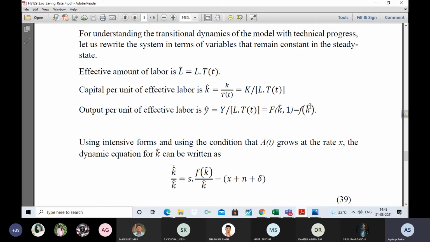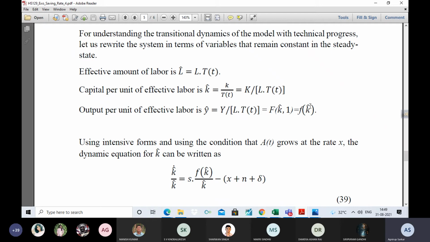Okay, so this is the thing. Since capital and technology are growing in the steady state at the same rate, we can work with the ratio capital per unit of effective labor. The variable L times T is often referred to as the effective amount of labor, which is the physical quantity of labor multiplied by its efficiency, that is T. This terminology is appropriate because the economy operates as if its labor input were L hat.